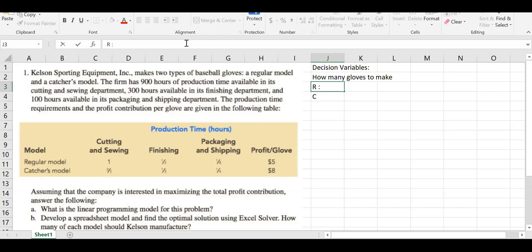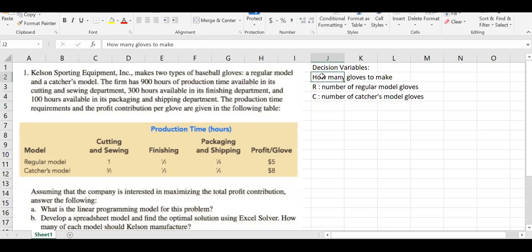R, number of regular model gloves. C, number of catcher's model gloves to be produced.